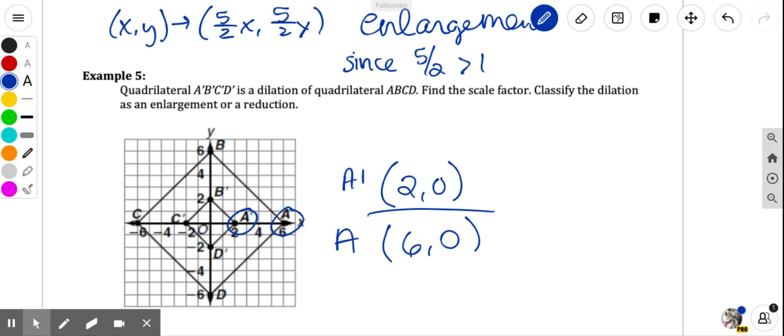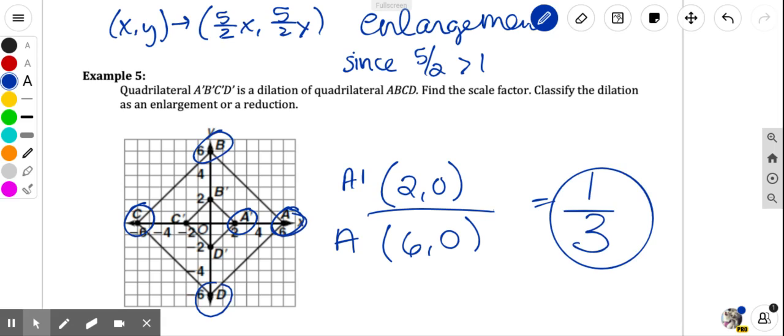If you make it a fraction and reduce it, 2 over 6 is 1/3. So if I took 1/3 and multiplied all of these pre-image points by 1/3, I would get all of these image points. So you can just use the ordered pairs and put them over each other. You just want to make sure you're being consistent with new over old. So the scale factor here is 1/3.